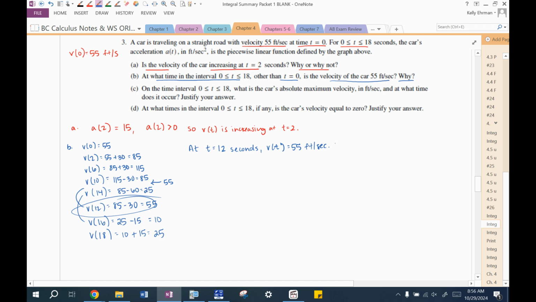So I'm going to say v of t is continuous on 0 to 18.